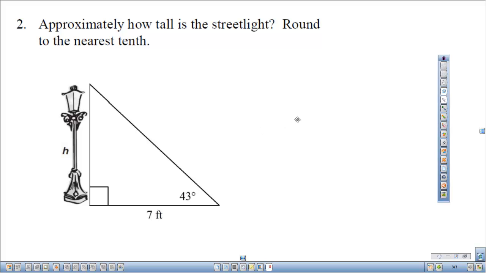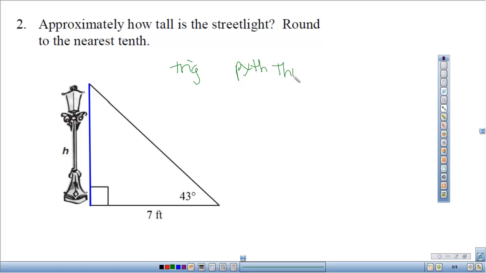Alright, here's number 2. It says approximately how tall is the street light? So they are trying to get us to figure out how tall it is right there, and they've drawn this little triangle to help us see what's going on. I'm going to take a moment. There's basically 3 things that we have studied in this unit: trig, Pythagorean theorem, and special right triangles.